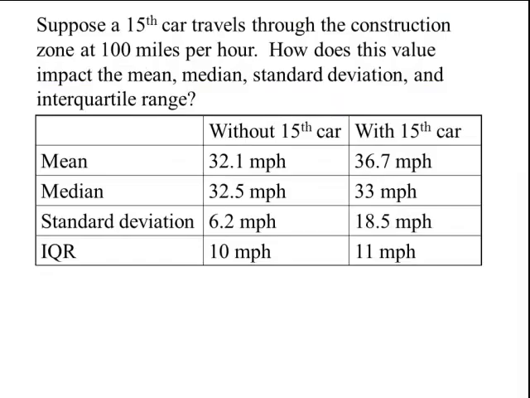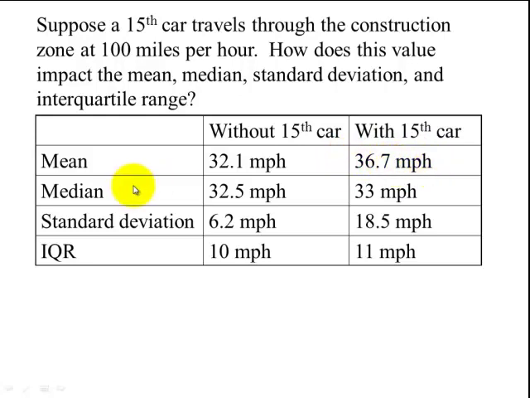Now suppose a 15th car traveling through the construction zone was clocked at 100 miles per hour. How does this value impact the mean, the median, standard deviation, and our interquartile range? The mean without the 15th car was 32.1 miles per hour. Including the 15th car, it increases to 36.7 miles per hour.